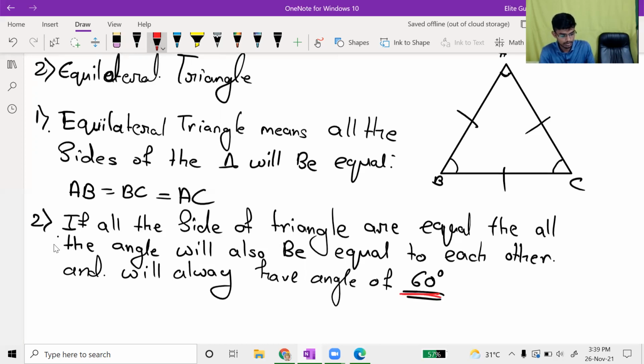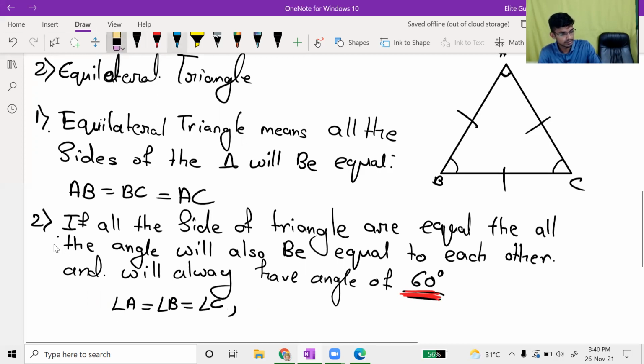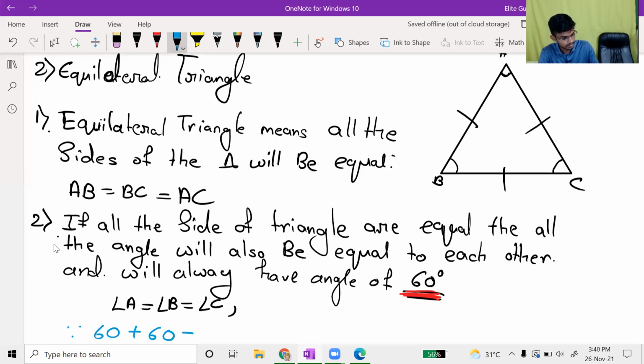Very important. Angle A plus angle B plus angle C is equal to 180 degrees. Angle A is equal to angle B is equal to angle C, where angle A is equal to 60 degrees plus 60 degrees plus 60 degrees is equal to 180 degrees.